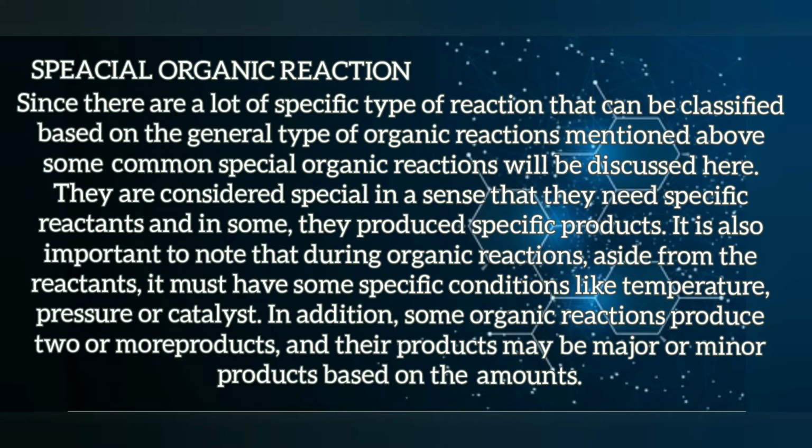It is also important to note that during organic reactions, aside from the reactants, there must be some specific conditions like temperature, pressure, or catalyst. In addition, some organic reactions produce two or more products, and their products may be major or minor products based on the amounts.